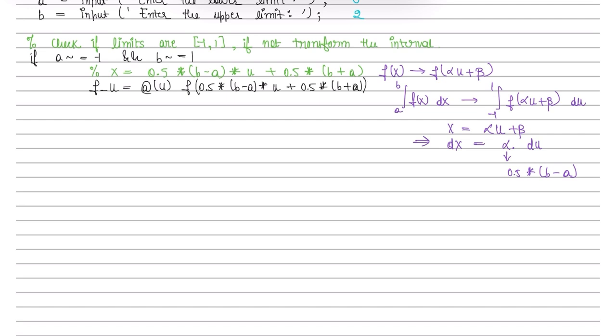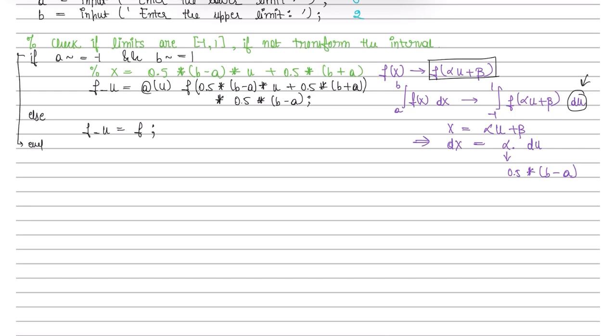This is for this term, but when we will integrate, the extra term du is also being multiplied here, so we will multiply this whole term with 0.5 into b minus a. Else, we will update function f underscore u as f only, and this if condition will end.